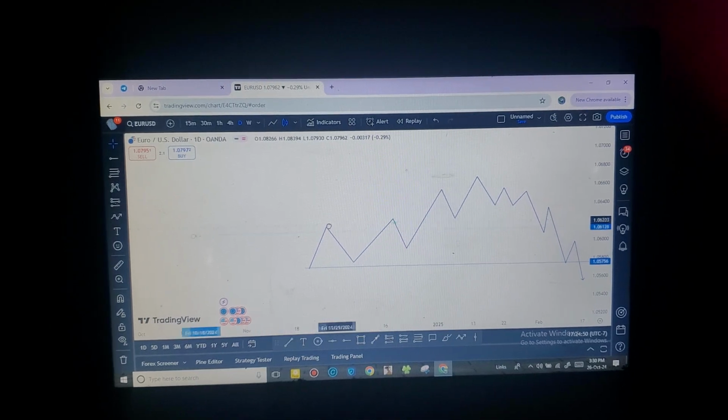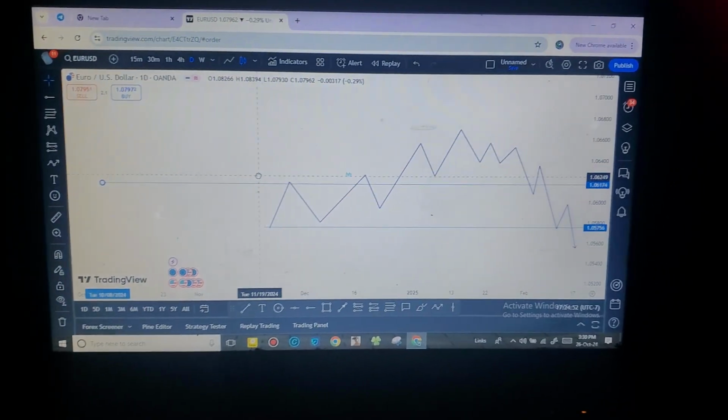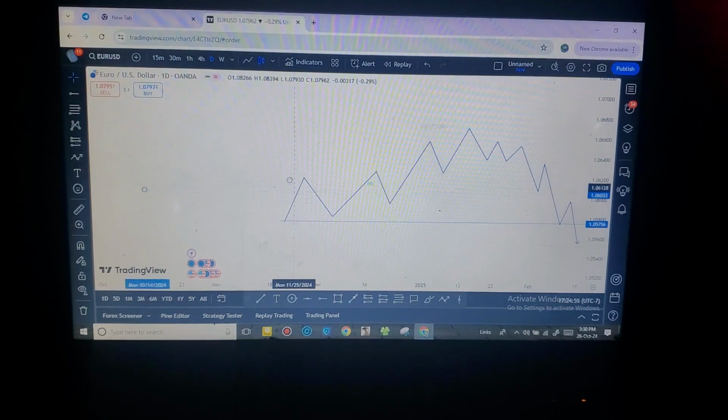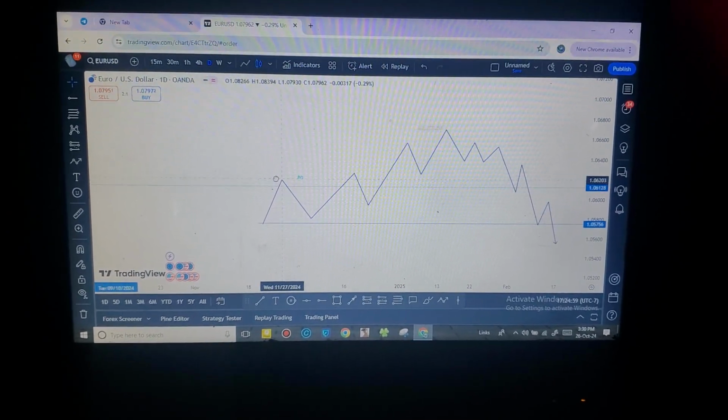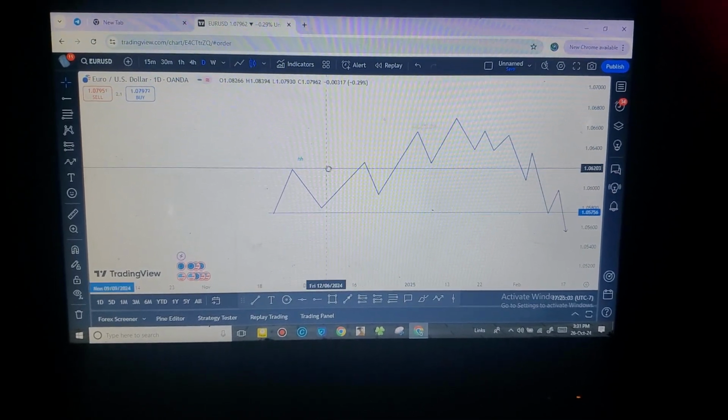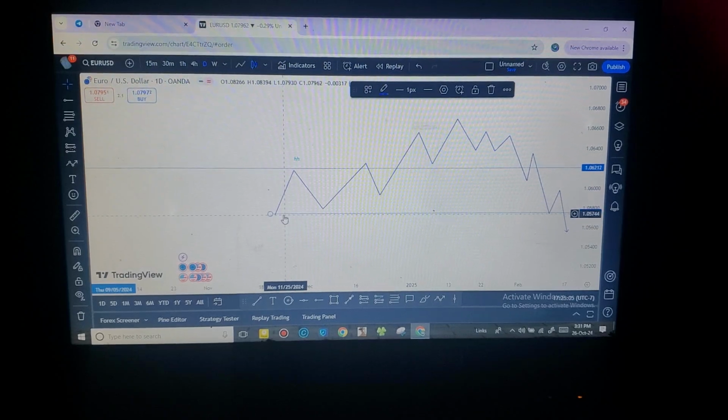So this is the higher high up here, that is the higher high, and down here this is our higher low.